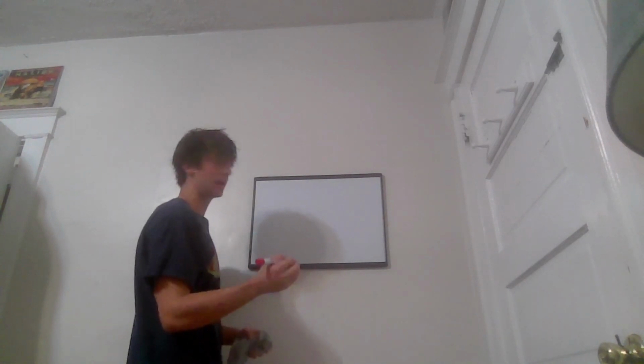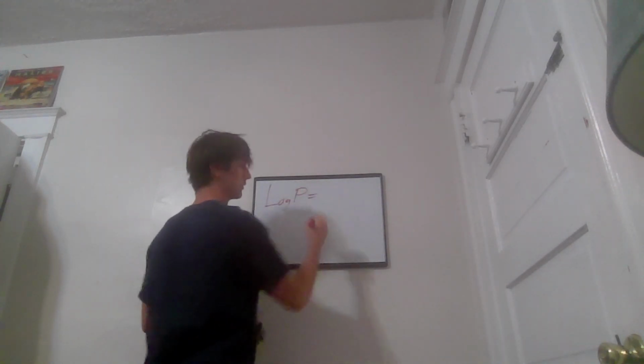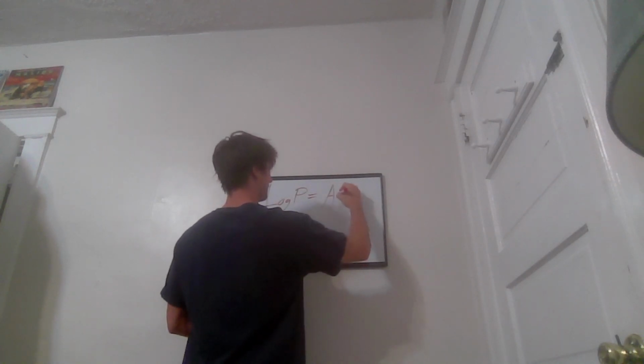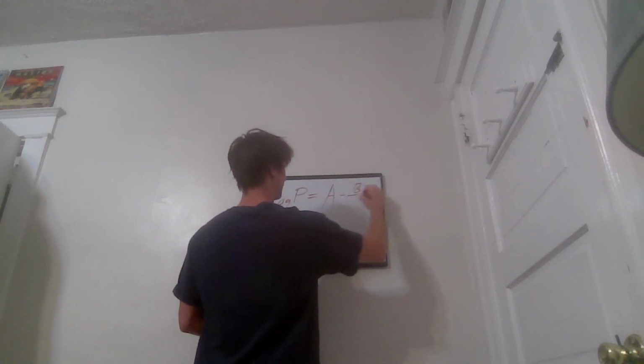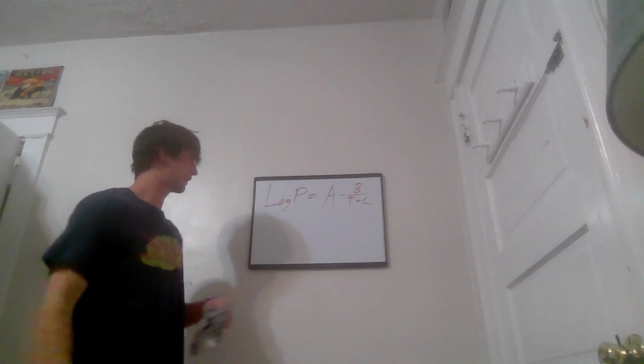We're going to do this by taking the Antoine equation, which is log P of your pressure equals A minus B over T plus C. And what we're going to do is make a sum squared error.